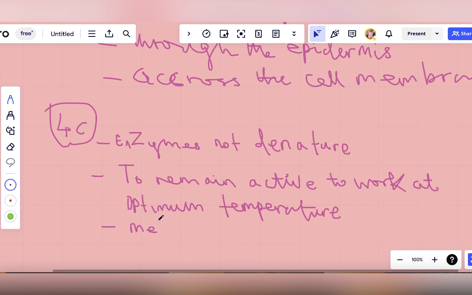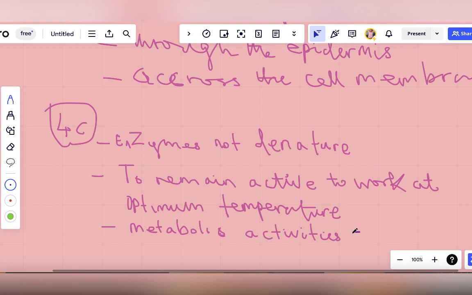You know, the metabolism like respiration, digestion, all the chemical activities taking place in our body, they are metabolic activities. So one reason we maintain constant body temperature is so that we'll be able to keep the body's metabolic activities constant.